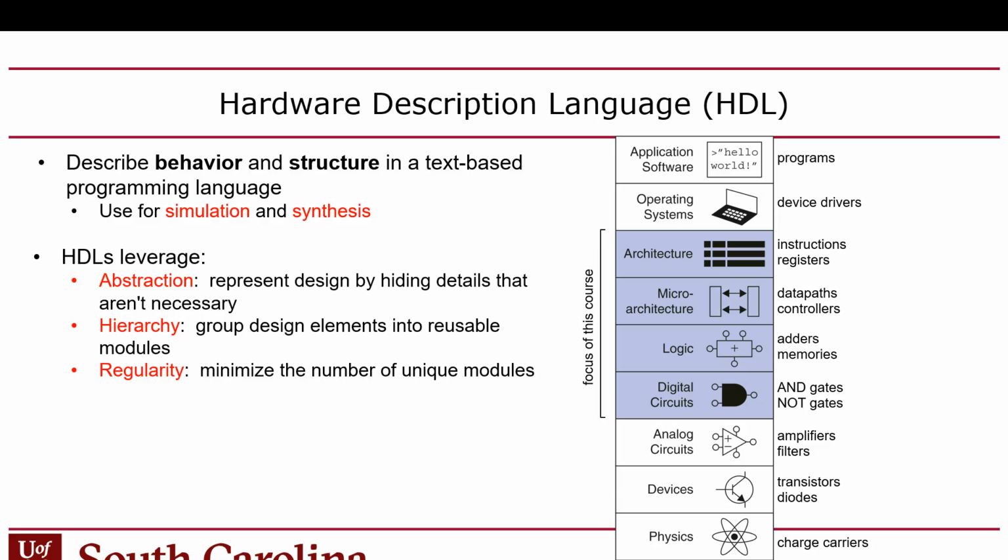And I used to laugh at that and say, come on, that's got to be hyperbole, because who's designing a system with 100 billion parts on it? That's impossible. But it turns out the way it's done is using CAD tools that manage the complexity through three concepts: abstraction, hierarchy, and regularity.